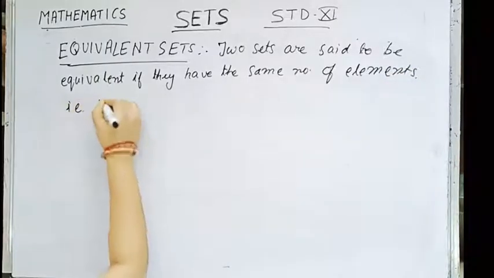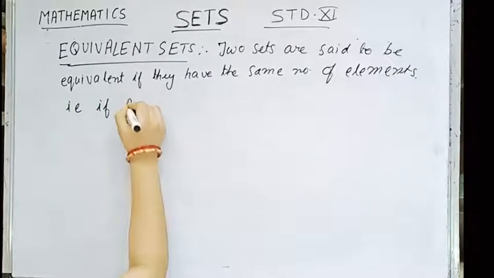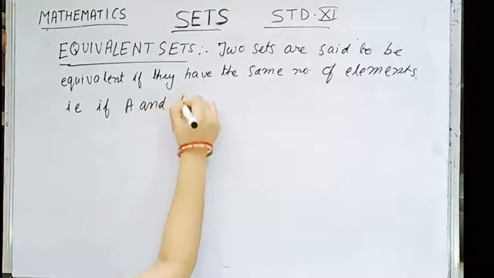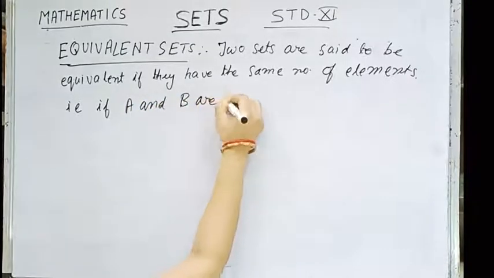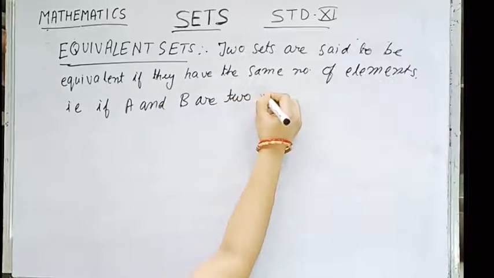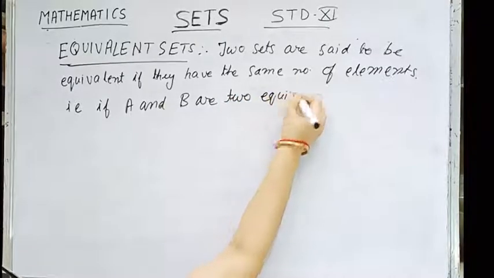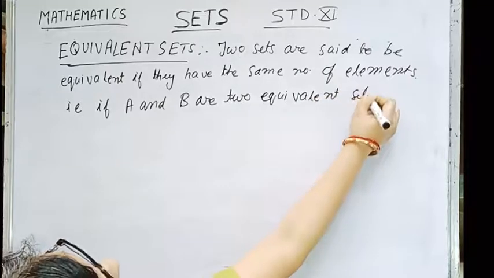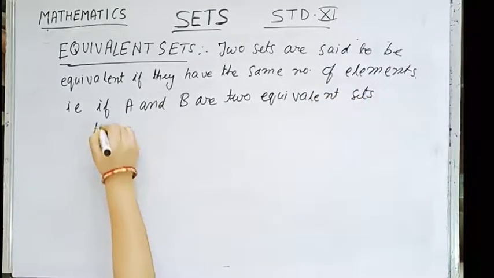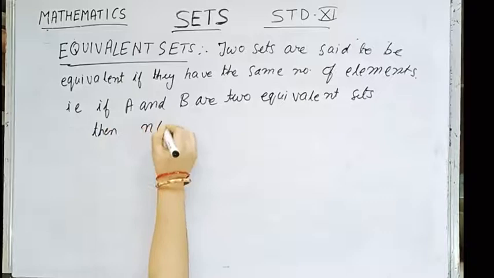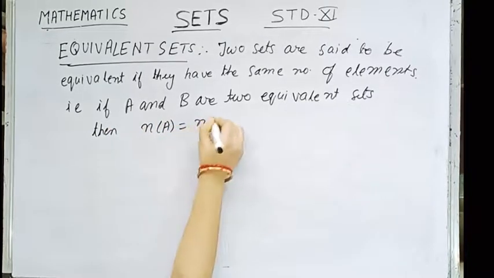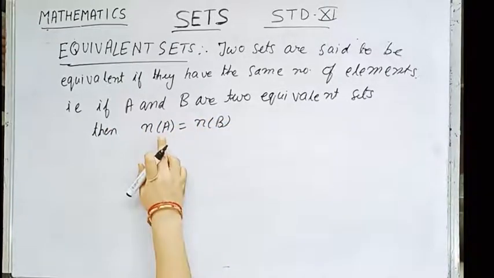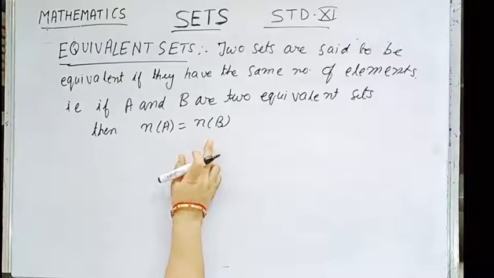That is, if A and B are two equivalent sets, then n(A) equals n(B). That is, the number of elements in A equals the number of elements in B.